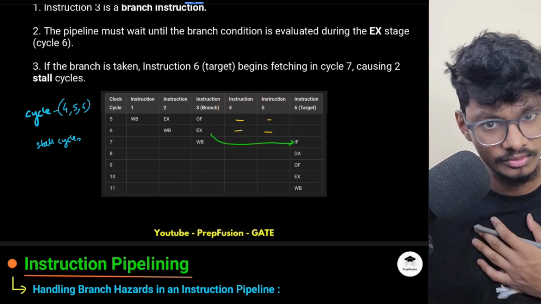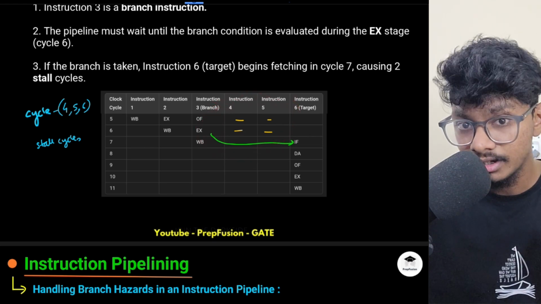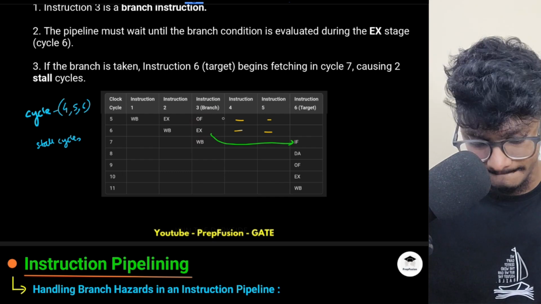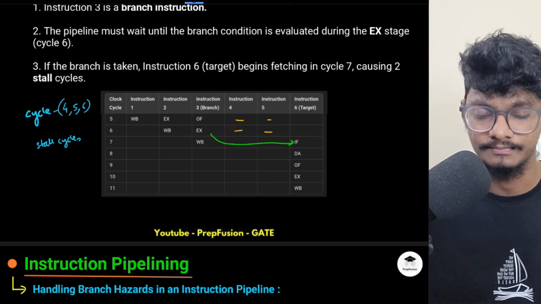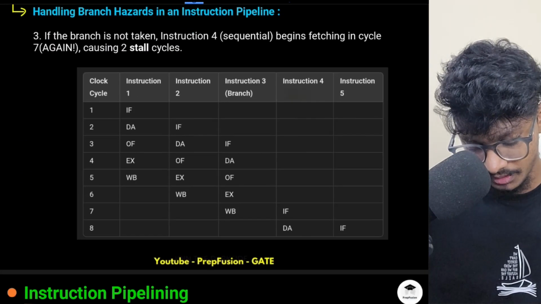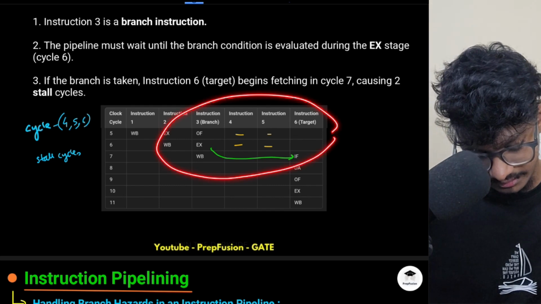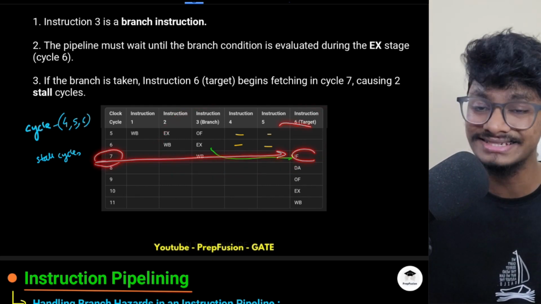That is what we generally follow. But if you don't want to put stall cycles, and you directly want to compute this condition and fetch the next instruction, there are a few ways, but generally we avoid those. We'll see. So this is for the case where the branch is taken. If the branch is taken, in the 7th cycle I will do the instruction fetch of the 6th instruction.